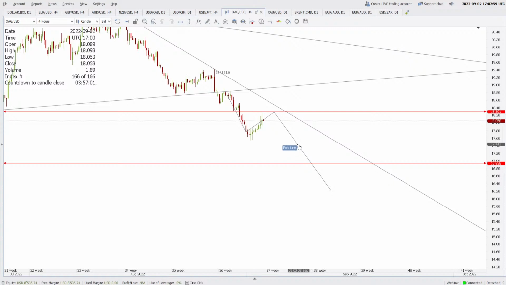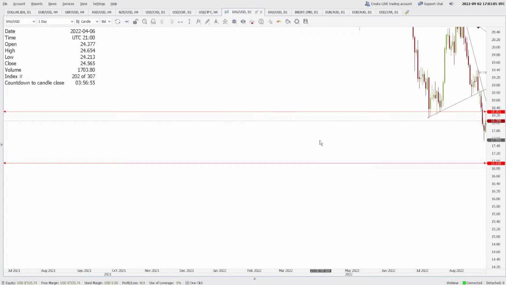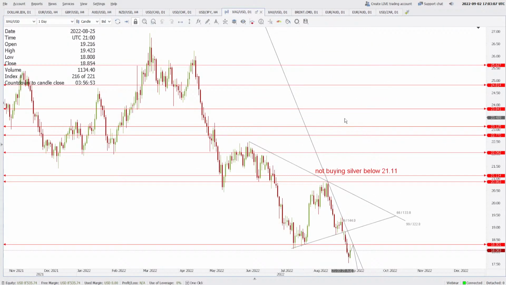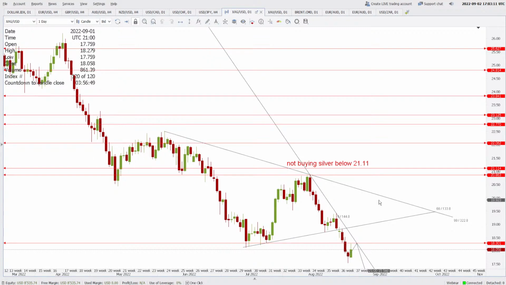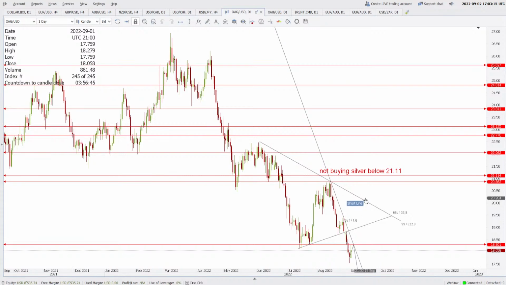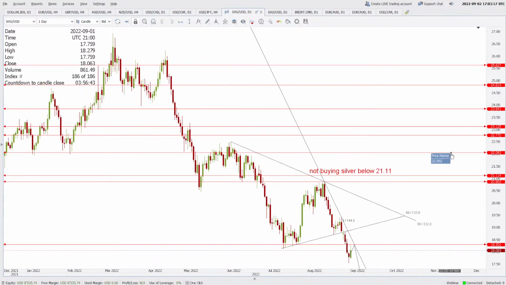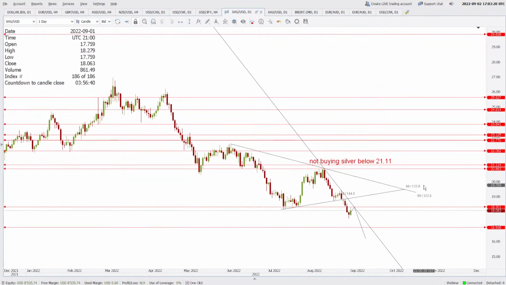What is your bet, Abhishek? What do you think is going to happen to the silver? My bet is to the downside. If you see the structure of the market in the silver, do you think that the silver is going to rise towards 21.11 now, or do you think that the silver is going towards 16.93? Let me know.